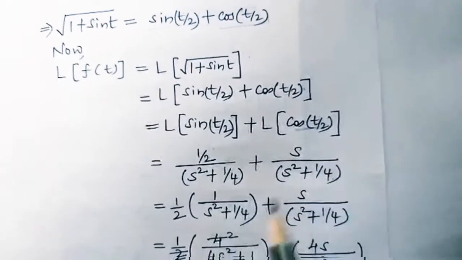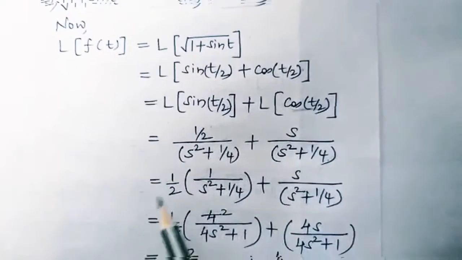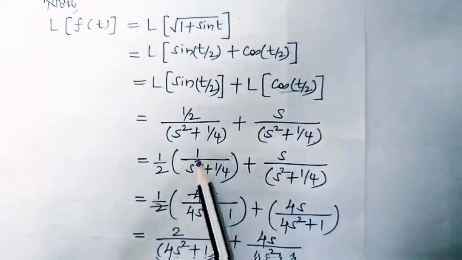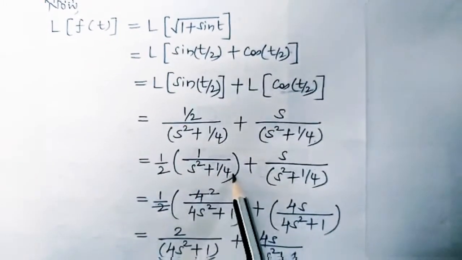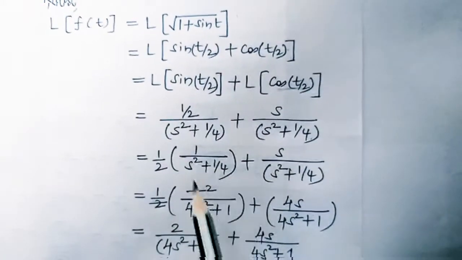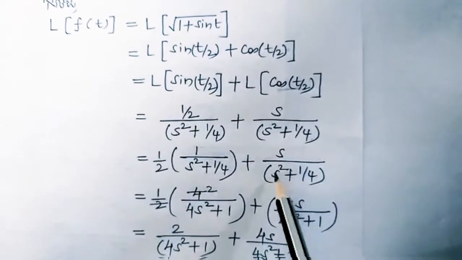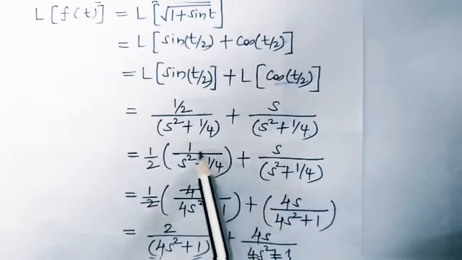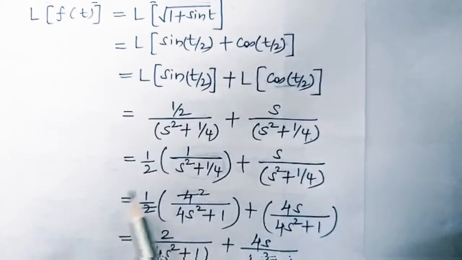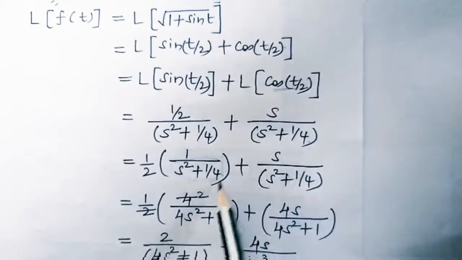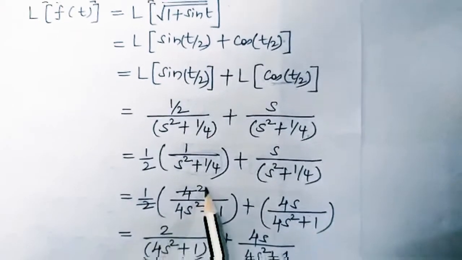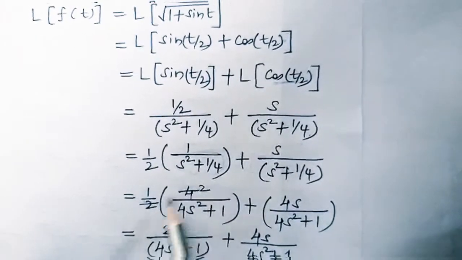Okay. Now the further simplification: 1 by 2, I'll take outside. So 1 divided by s square plus 1 by 4, it's just an algebraic simplification, plus s divided by s square plus 1 by 4. This 1 by 4 in the denominator again requires simplification. 4 is the LCM, so it is 4 divided by 4s square plus 1, and very easily one of the factors gets cancelled: 2 twos are 4.